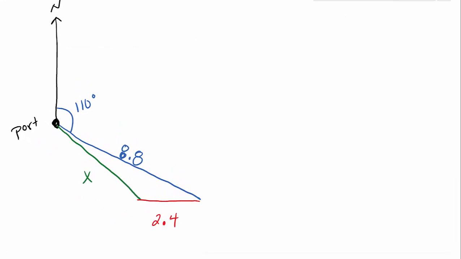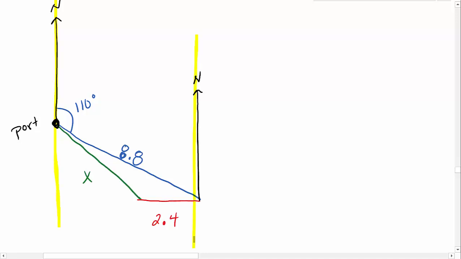We know that this red vector here at the bottom is perfectly horizontal. Well, what I'm going to do is draw in another north line right here. So I have two north lines that are going to be parallel, cut by this blue transversal here.